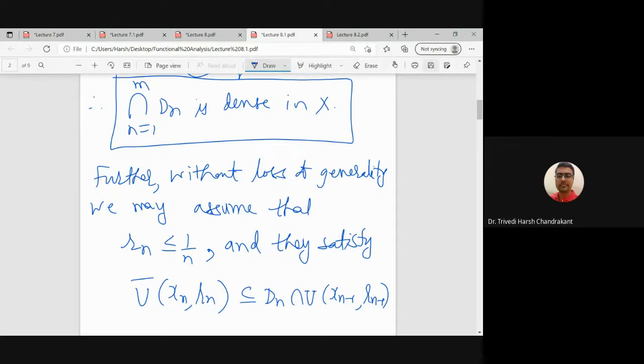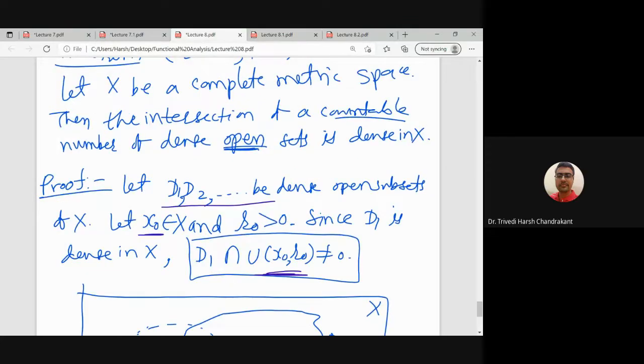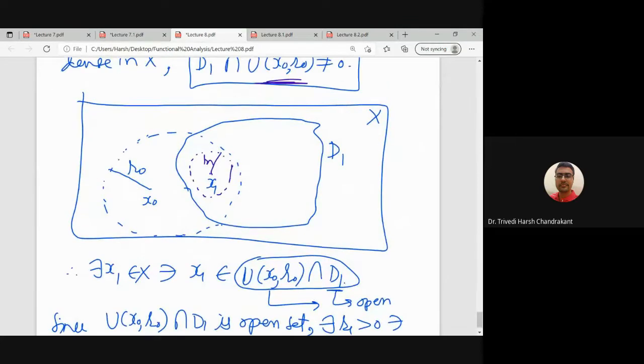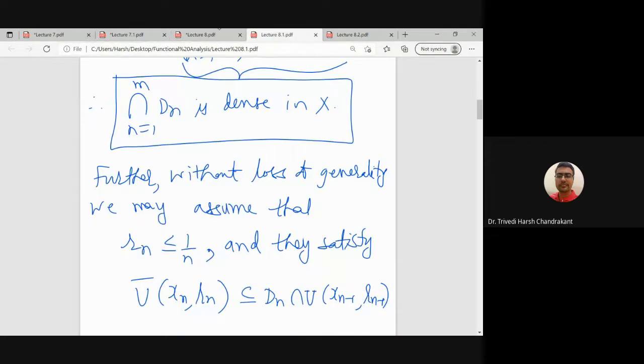That is what I was saying earlier, that for this second disk we can choose its radius small enough so that r1 is less than or equal to 1, r2 is less than or equal to half, r3 is less than or equal to 1 by 3.